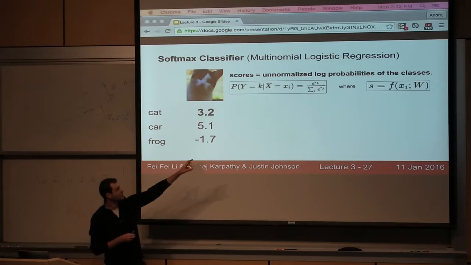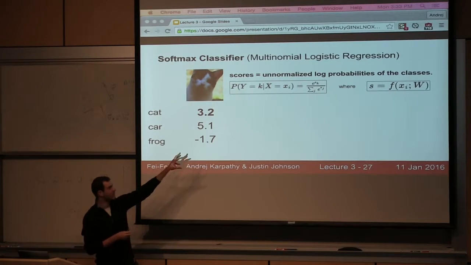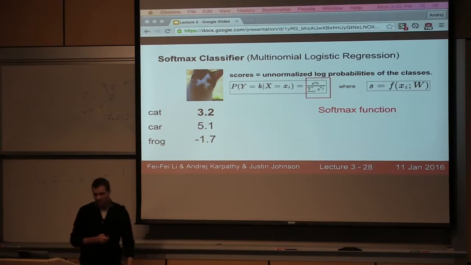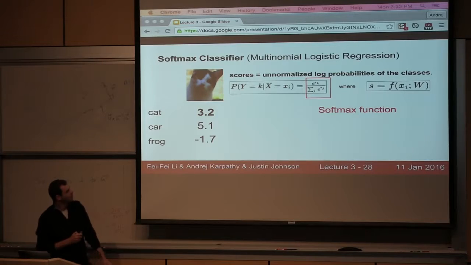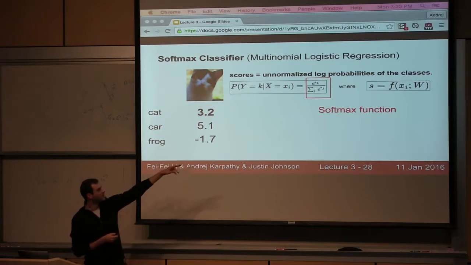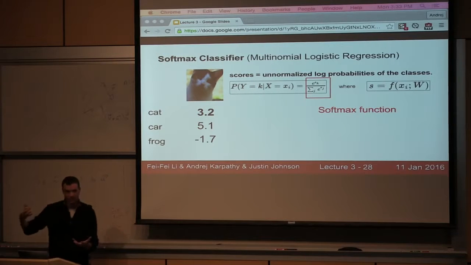That's how we get this expression for the probability of a class given the image. This function is called the softmax function, if you see it somewhere. It's e to the element you're currently interested in, divided by the sum over all exponentiated scores.